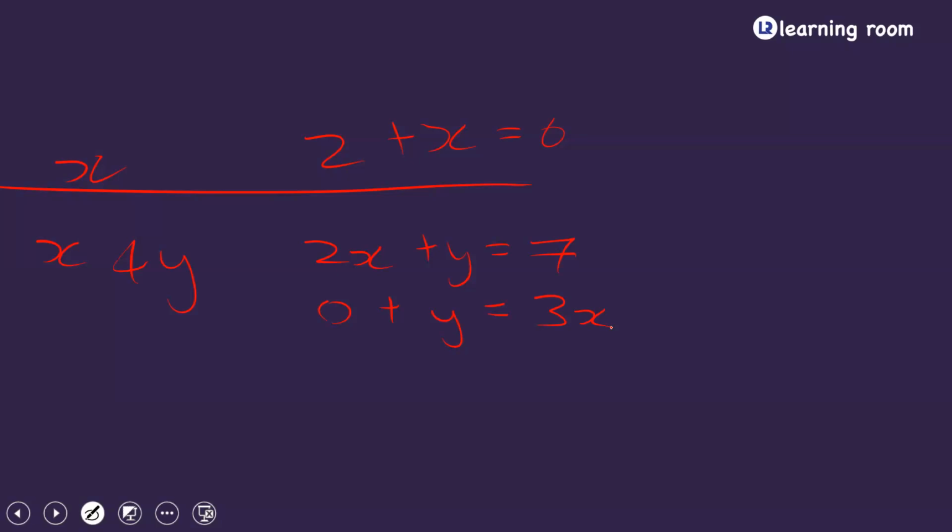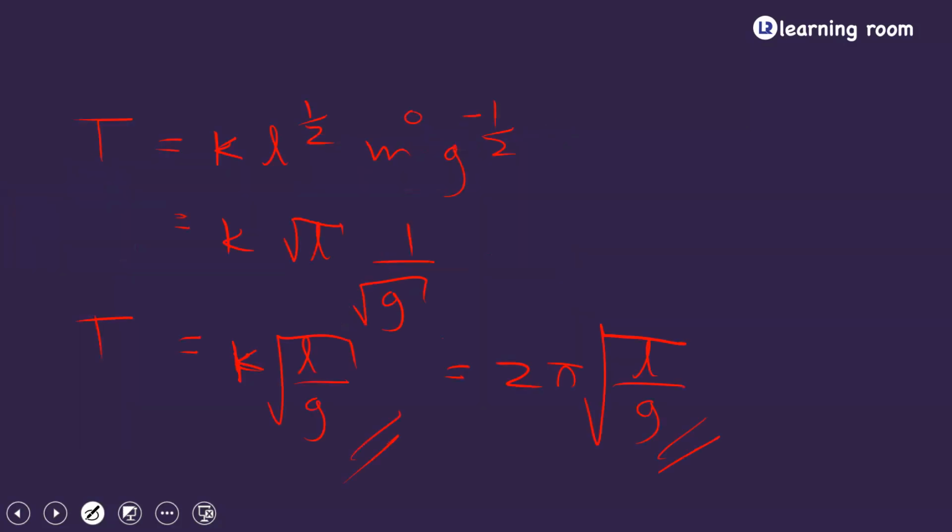Similarly, this method is fruitful only when the number of unknown constants is exactly equal to the number of equations. Earlier we got some constant and root g, and this constant would be known as a single number.